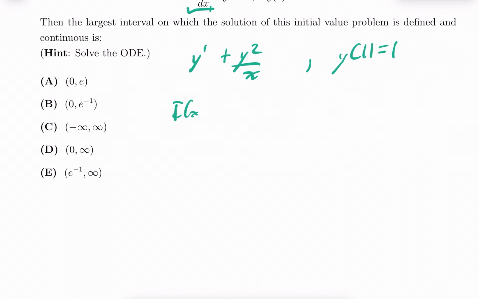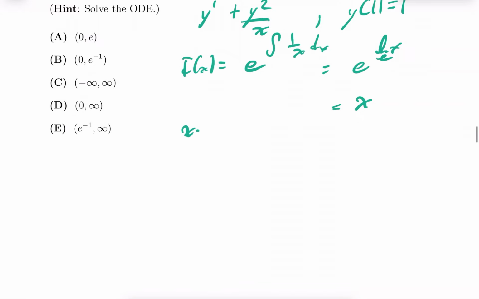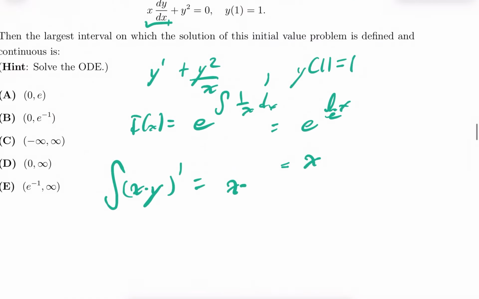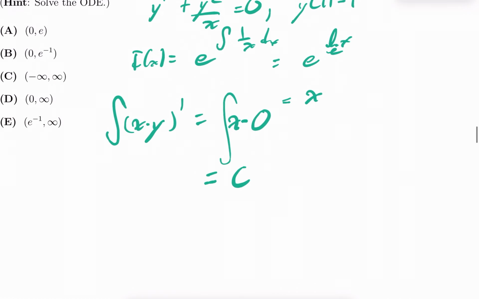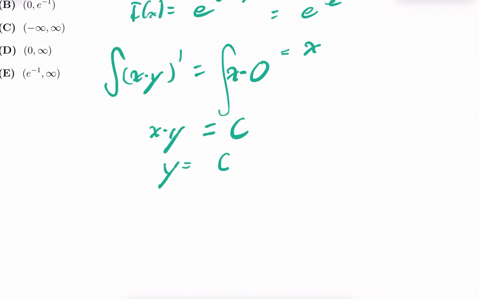You love your integrating factor: I of x equals e to the integral of 1 over x dx, e to the ln x, which is x. Cool. x times y, and so on, equals 0 times 0. Integrate that. You're just going to get c. x times y equals that. y equals c over x.